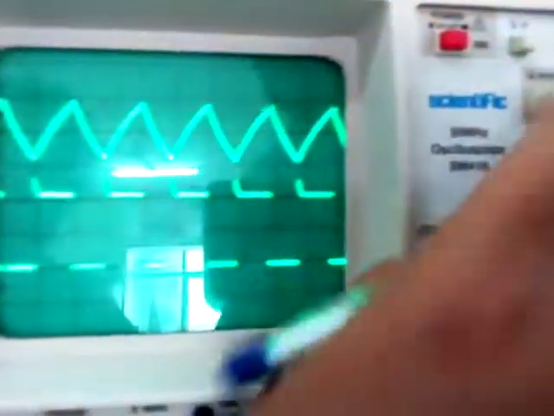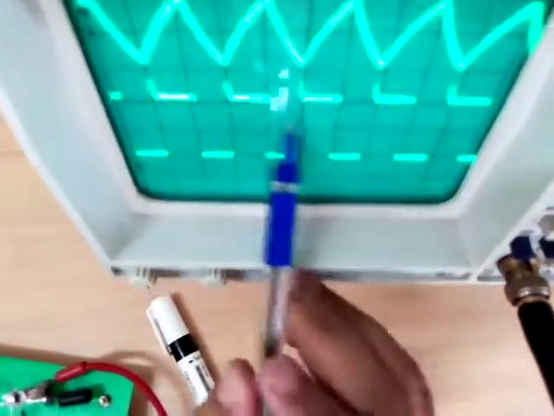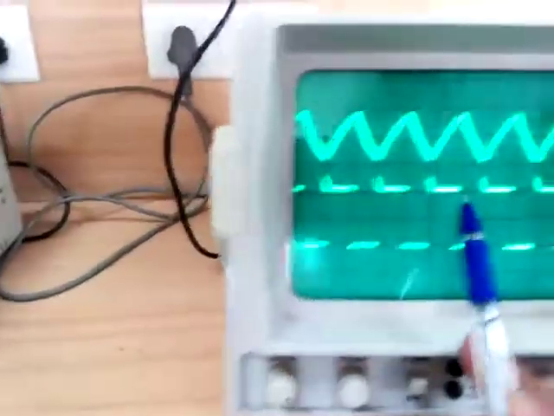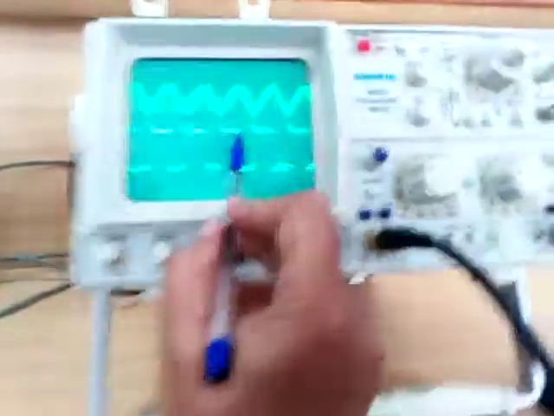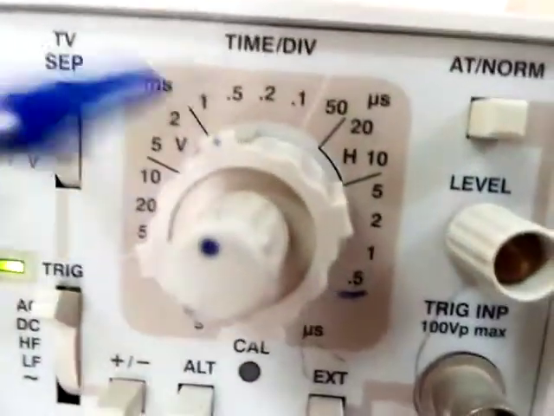Varying the position knobs, you set it to the proper position. Now you can observe this is the width of the on time. How many divisions are there? It is one division, 1 into 0.5 in the time per division, so it is 0.5 milliseconds.